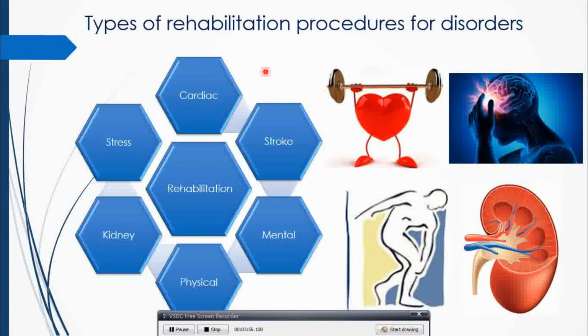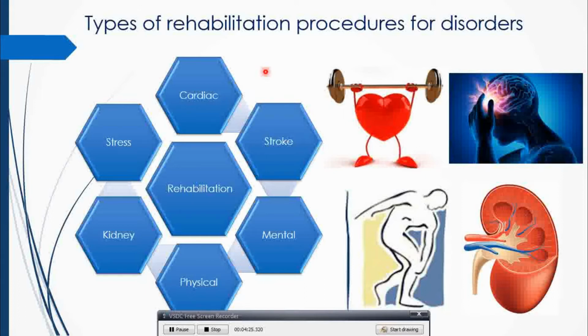So for example, at the beginning, a person who undergoes the bypass surgery will not be able to accept that they have this kind of disabilities, for example, limitation in their heart. So at the beginning, they will have some sort of mental disturbance.